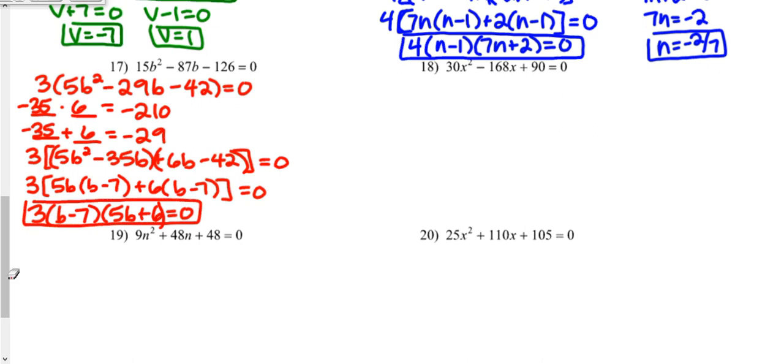And now we're going to find our zeros. So set each of them equal to 0. So this would be b equals 7. And here if I subtract 6, and then divide by 5.